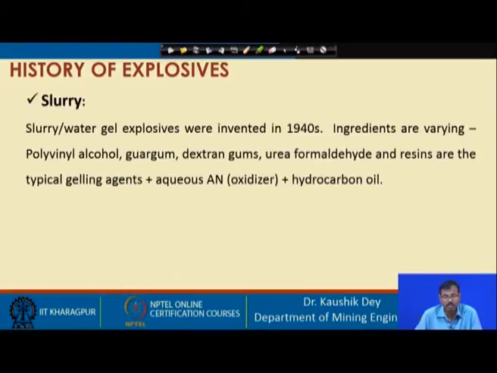So, all these slurry agents are mixed with oil and ammonium nitrate oxidizer to create a slurry form. Oil is basically the reducer, ammonium nitrate is the oxidizer, and the others provide a slurry form so that it can be pumped inside the drill hole to place the explosive. Now a huge quantity of explosive can be placed very easily using pumping. That is why these slurry explosives were developed.